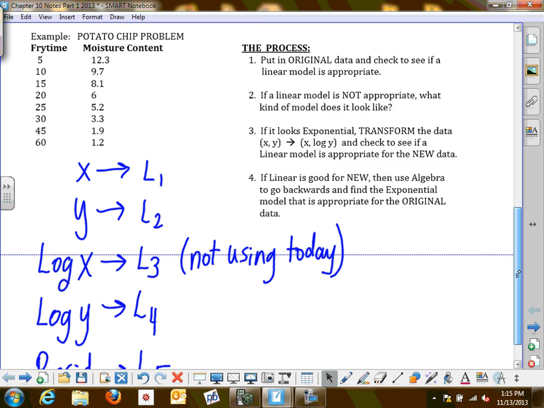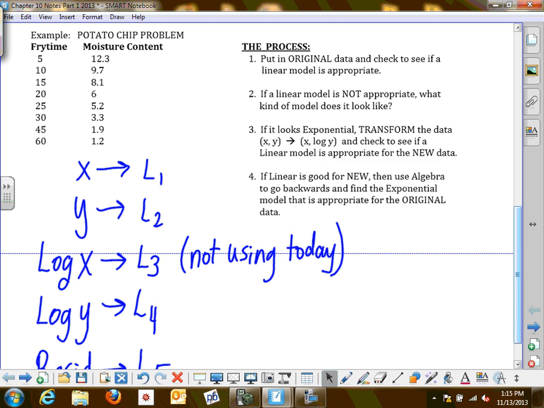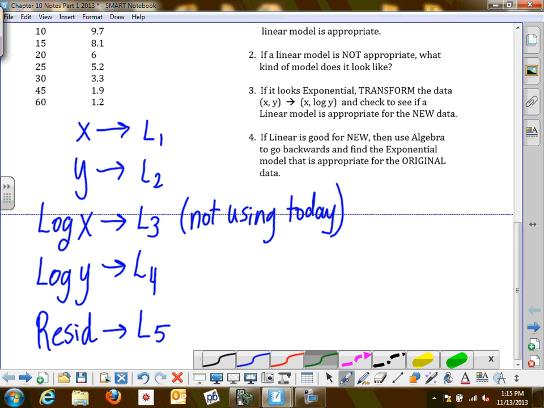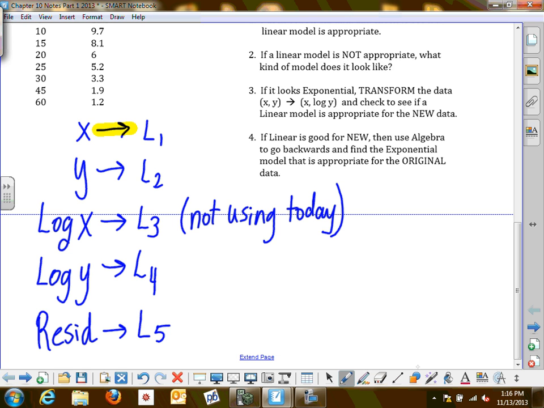So, let's take a look at our data here. We are going to get in a habit of always putting the same thing in the same lists, so we are always able to remember what's in the correct list. I want us to always put the x's in L1, that's natural, and the y's in L2. I've been having you put the residuals into L3.